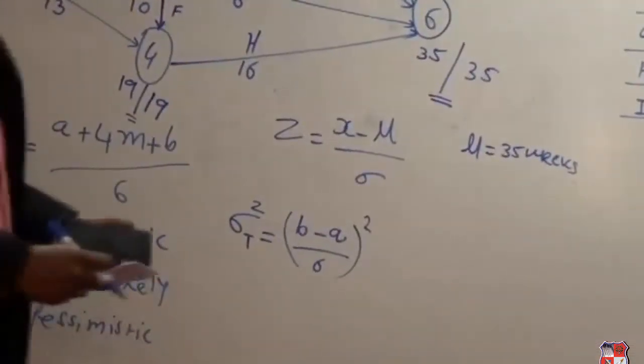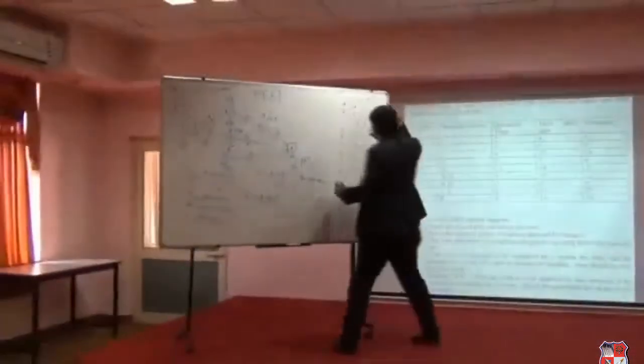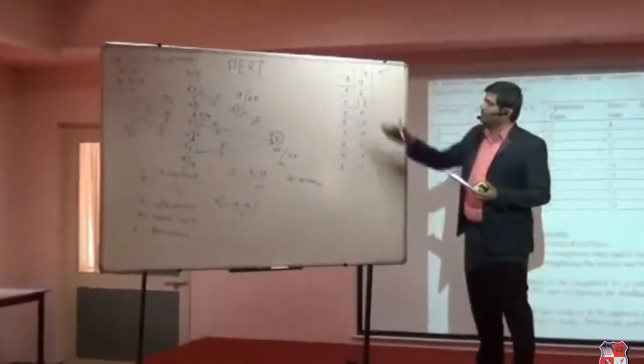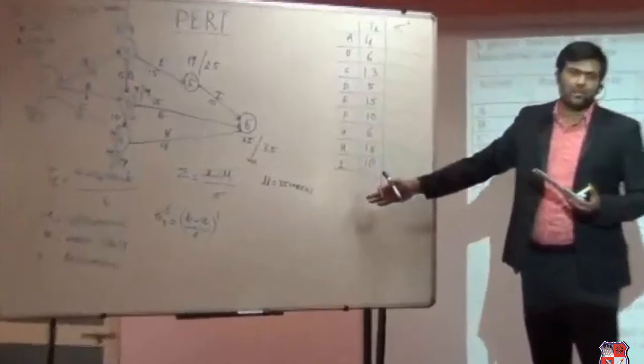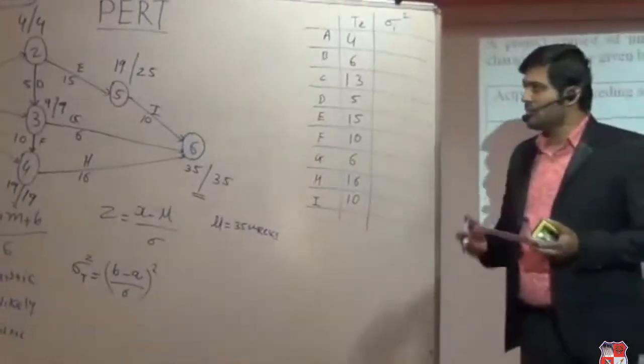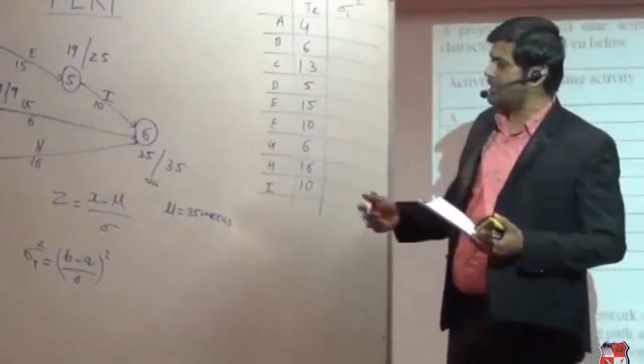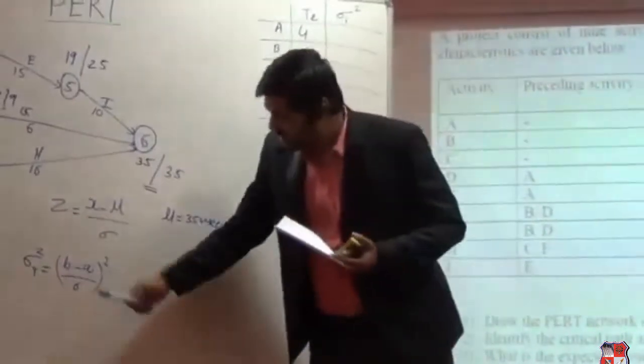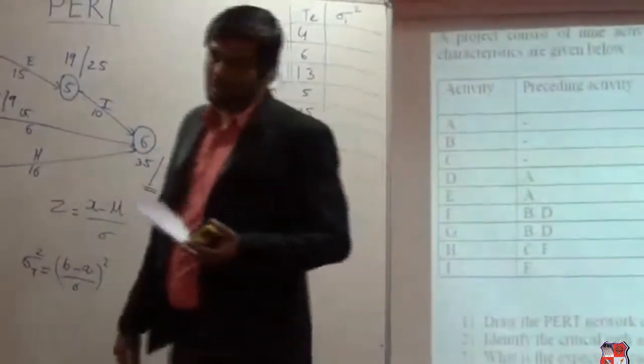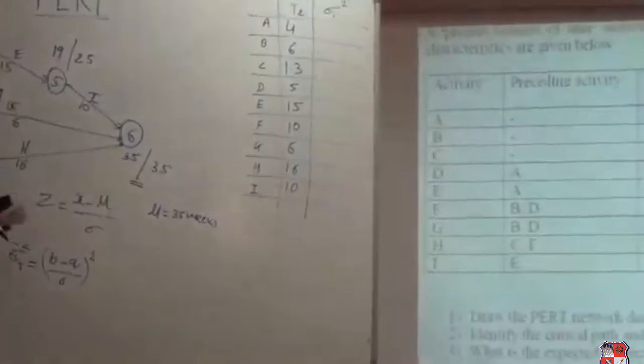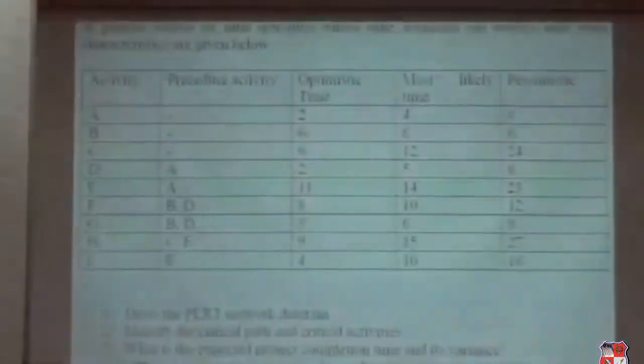Remember, you can find out the variance of all the activities like we have found the estimated time for all activities. So now we'll go for the first one to explain it. What is B? B is nothing but, as I said, the pessimistic time. So for A, the pessimistic time is 6 and the optimistic time is 2.